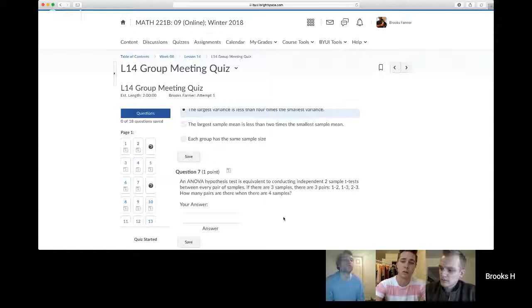So it'd be 1 to 2, 1 to 3, 1 to 4, 2 to 3, and 2 to 4. That's 5. And 3 to 4. I think that's 6 then. Yep, I think that makes sense. I just did some FOIL style counting.